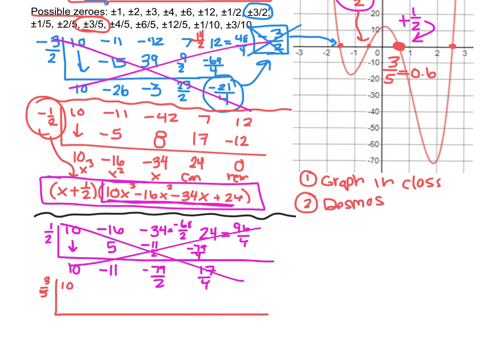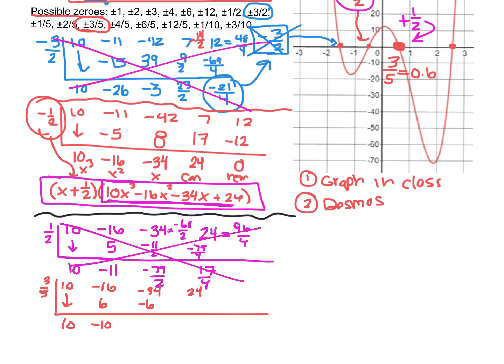We're going to do the same thing. We have 10, negative 16, negative 34, and 24. So we drop the 10 down, and we multiply it by 3/5, so that becomes 30 over 5, which is 6. We then add straight down, that's negative 10. Negative 10 times 3/5 becomes negative 30 over 5, which is negative 6.